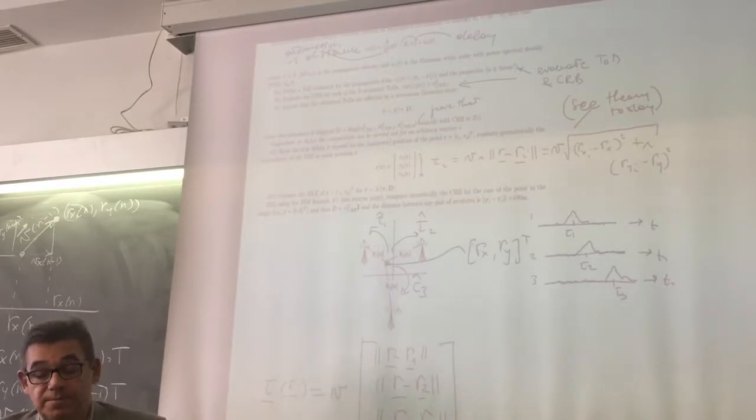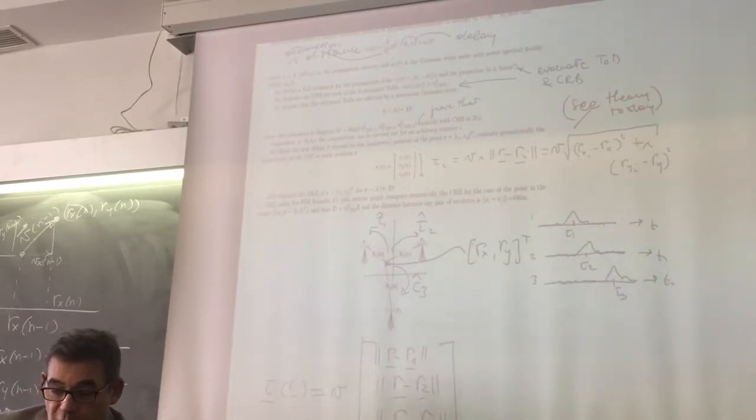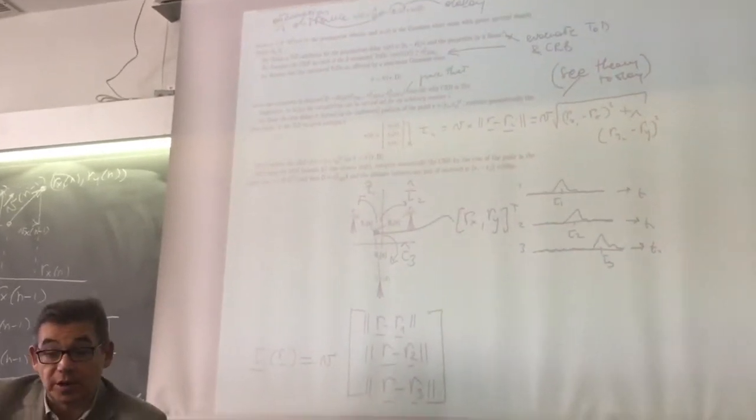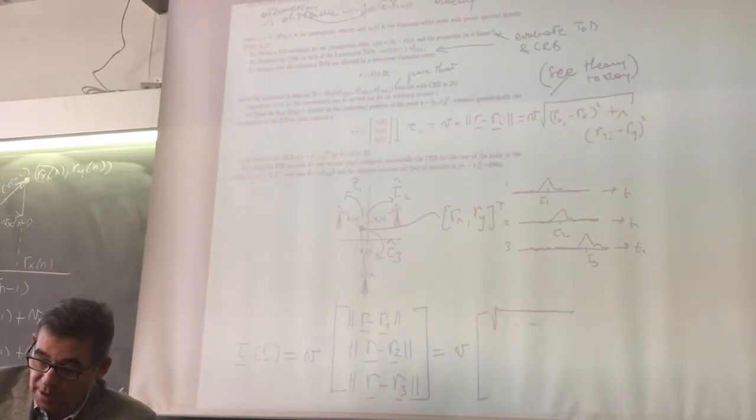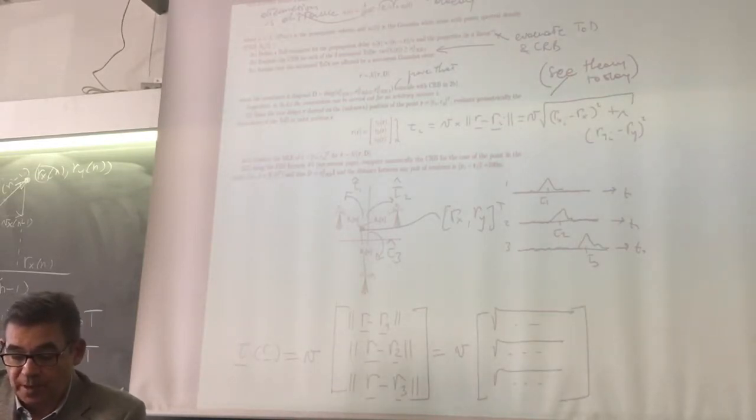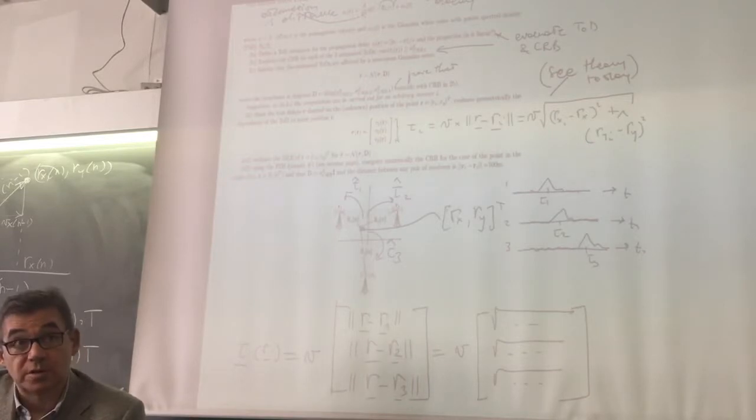Okay, that's the distance. These relationships are non-linear, because there is a square root: V times square root of blah, blah, blah, square root of blah, blah, blah, square root of blah, blah. Now, what is the radius?